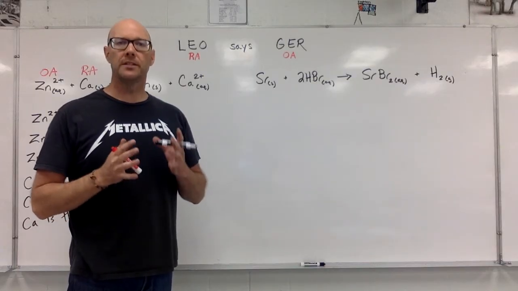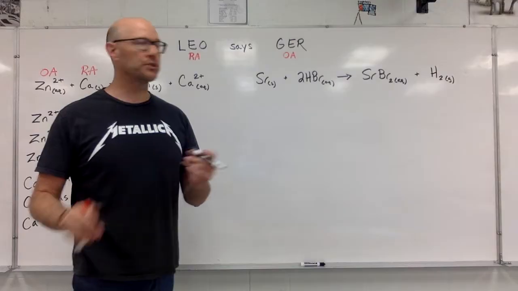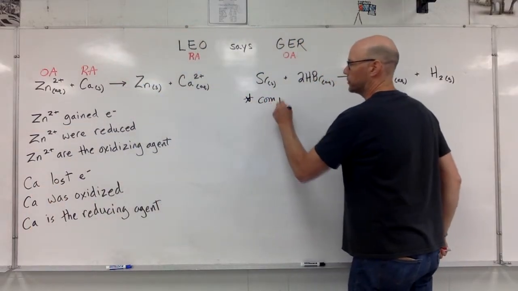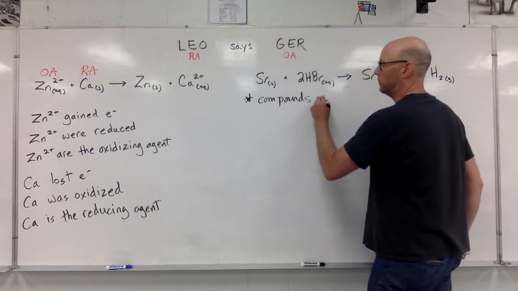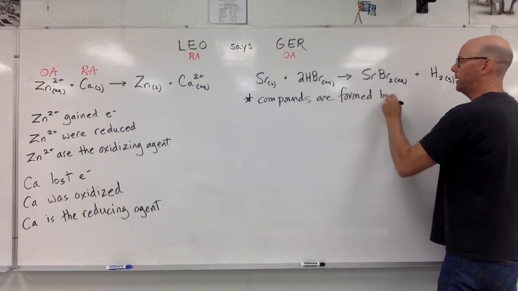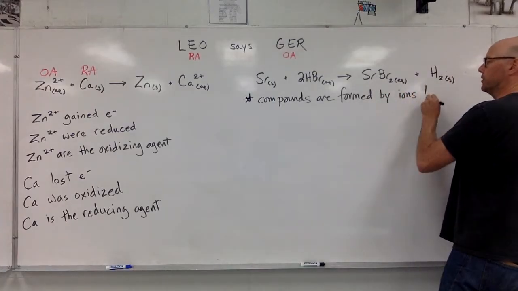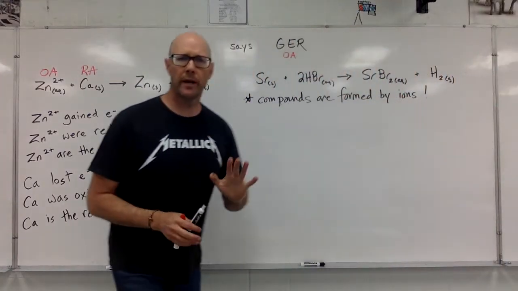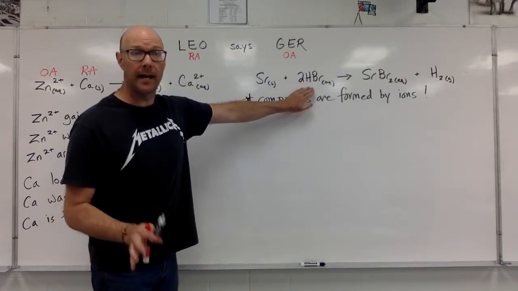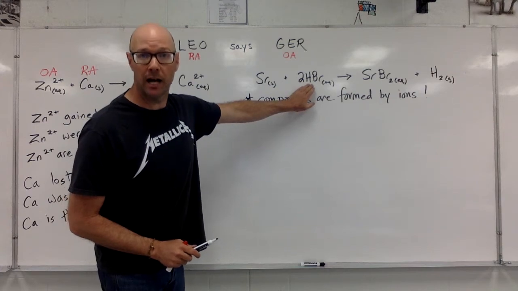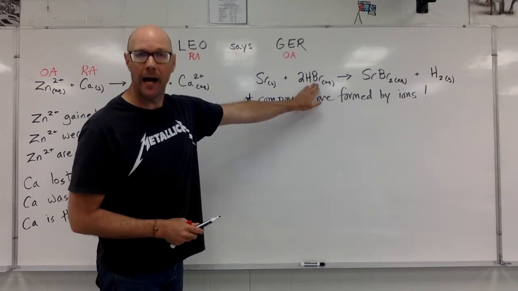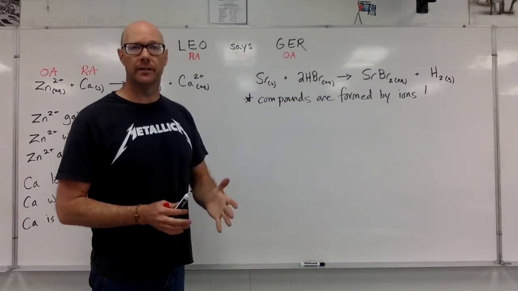Here, there's one thing to keep in mind before we begin this process, and it's that compounds are formed by ions. So when I see these hydrogen bromides here, I can realize that that means hydrogen ions, which I happen to know are 1 plus, and bromide ions, which are 1 minus.